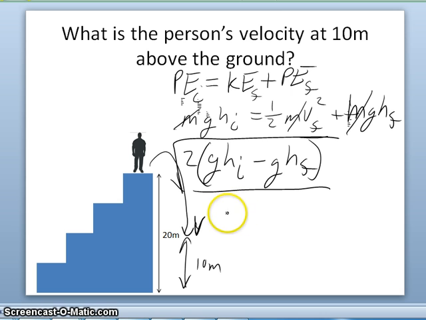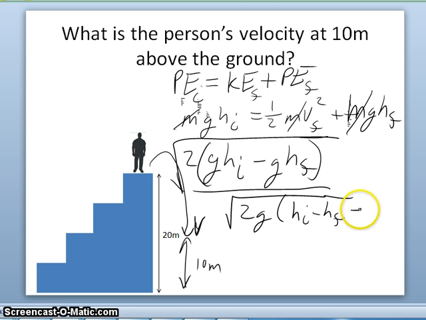I can factor out a little bit more: the square root of 2g times h initial minus h final gives me our velocity final. I'm going to plug my numbers in now.